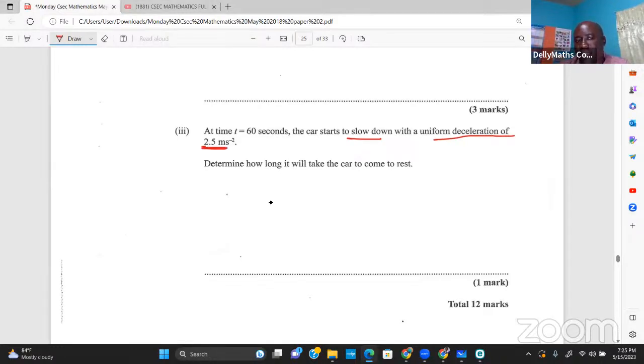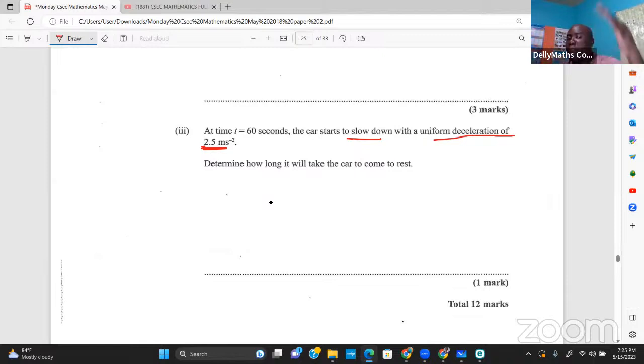Uniform deceleration comes from the term acceleration. Acceleration really means to speed up, but because you're slowing down, we call it a negative acceleration: deceleration, retardation. So we are cutting our speed, but how are we cutting it? We're cutting it by 2.5 meters per second squared, right?